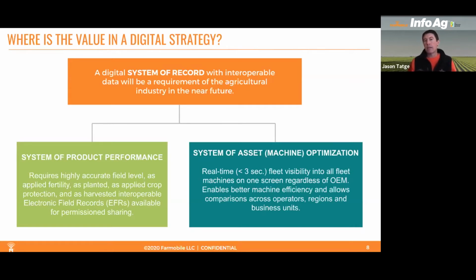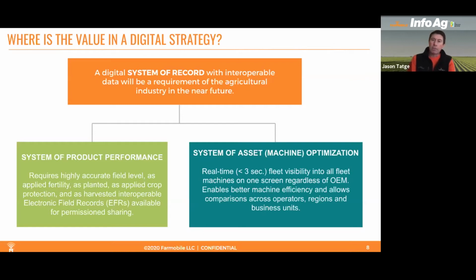But what's becoming an even greater demand for interoperable data is the fact that we have these other programs that exist now, where it's not just the grower trying to get their planting and harvest data into an FMIS system. It's trying to get products that were custom applied collected and into the FMIS system. And then we've got other types of insurance starting to become available, and lenders asking to give discounts on operating lines by having this data available.